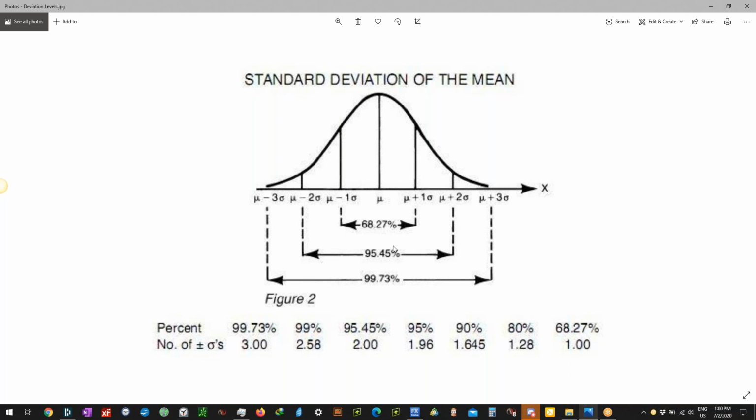Now you have 95.45% of chance that this price is going to drop and it's going to stop somewhere around here. If this goes beyond the deviation number 2 and it gets over 3, now you have 99.73% of a chance that it's going to come and return here.